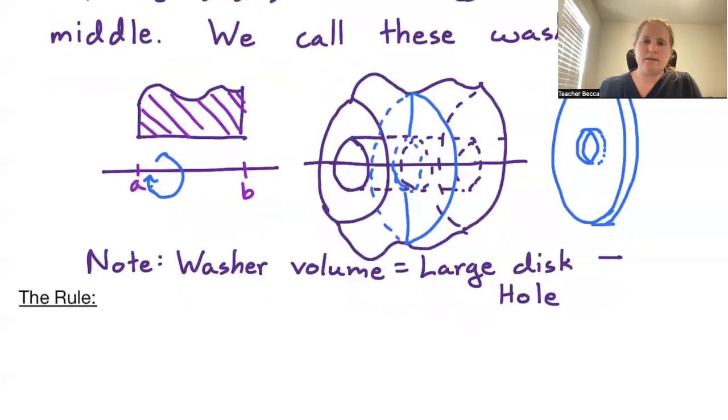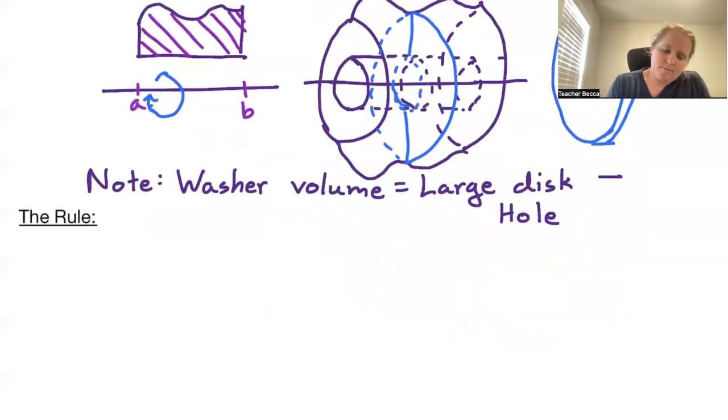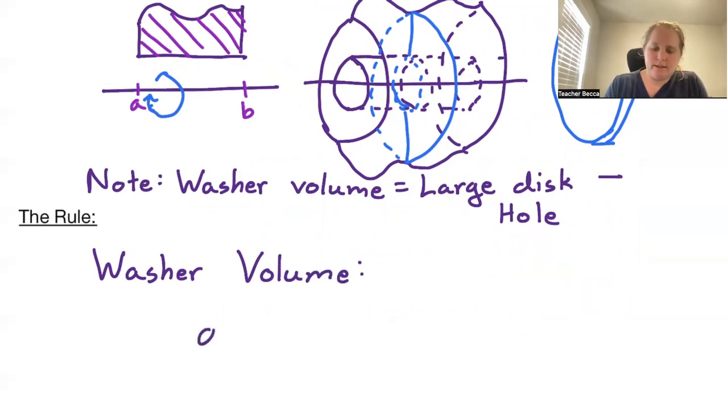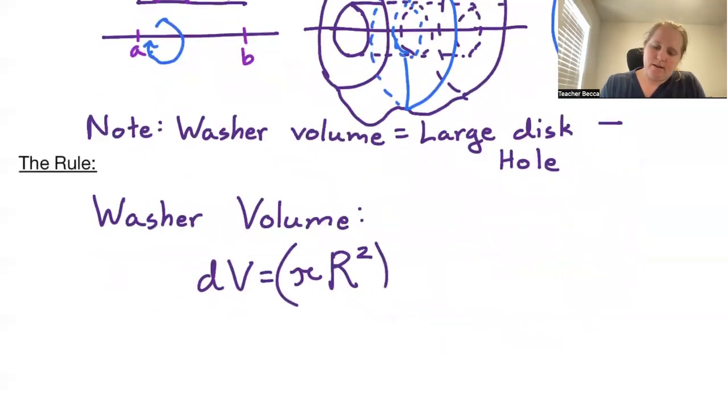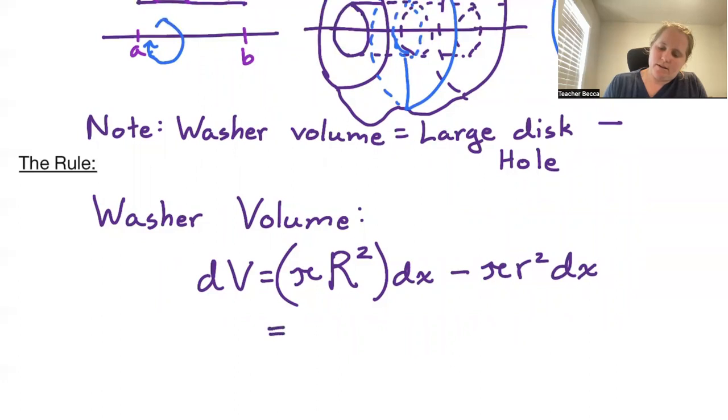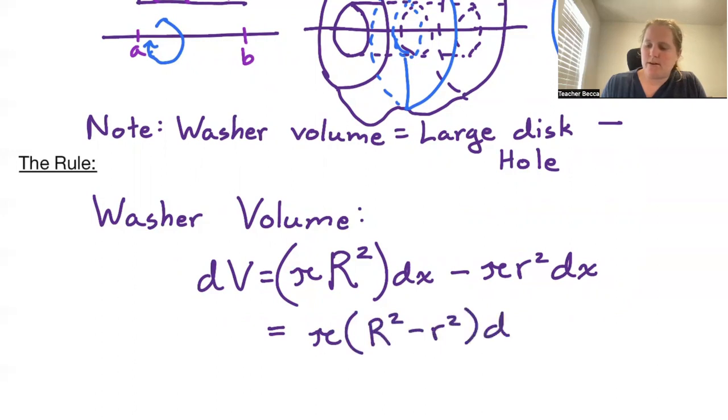So the rule says essentially that our dV, our washer volume, is equal to our large disk, pi times capital R squared times dx, minus pi times lowercase r squared dx, otherwise known as pi times capital R squared minus lowercase r squared, all times dx.